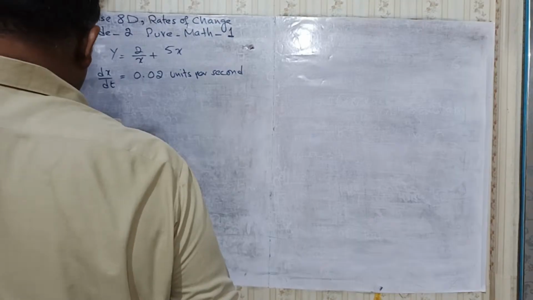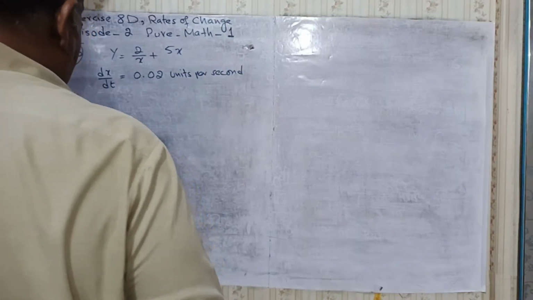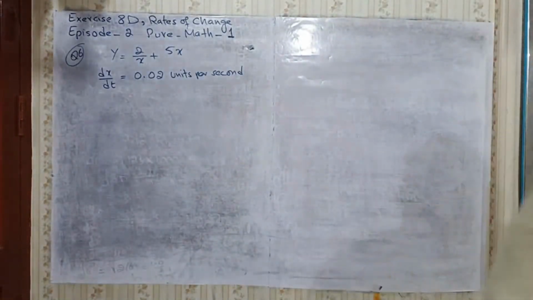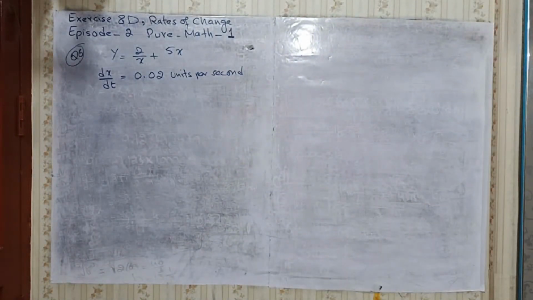And find the rate at which the y coordinate is changing when x is equal to 2. Then we have to decide whether y is increasing or decreasing. Okay, so this is the question.